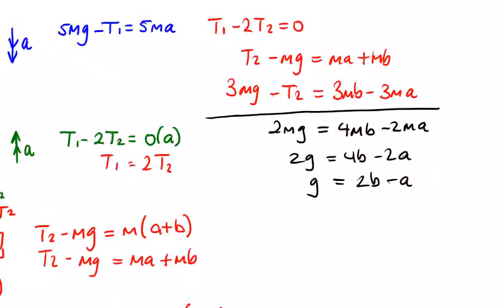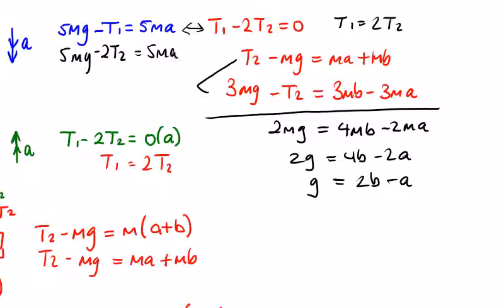So I just need to look at another few equations. I've used these two, so I need to now expand my horizons to these two, and I can get T1 is equal to 2T2. So if I can put this as 2T2, that will enable me to use one of the first two equations I've used already.